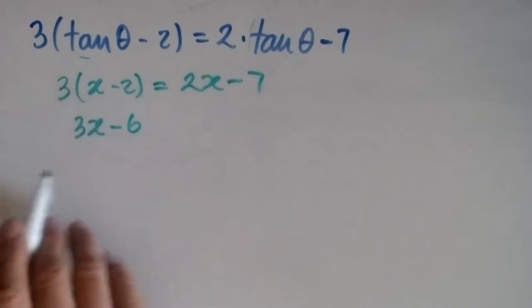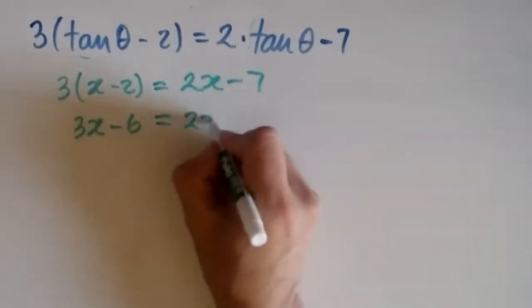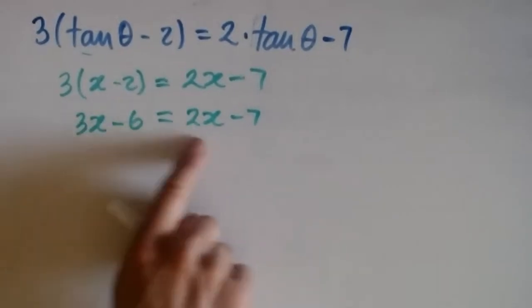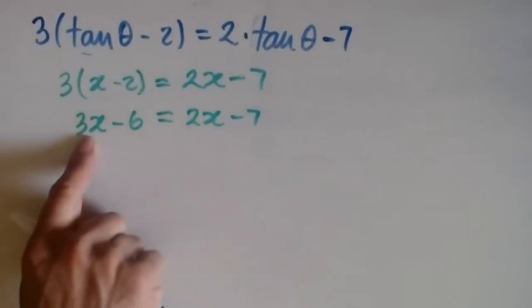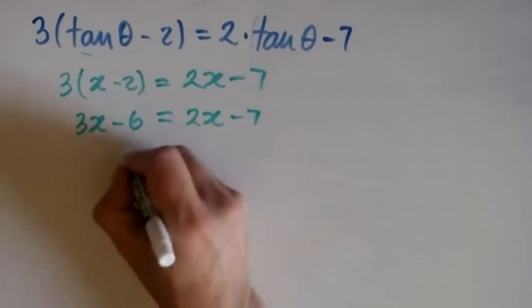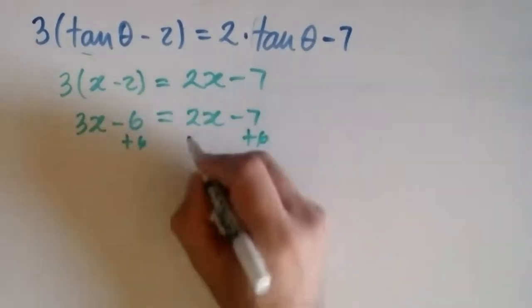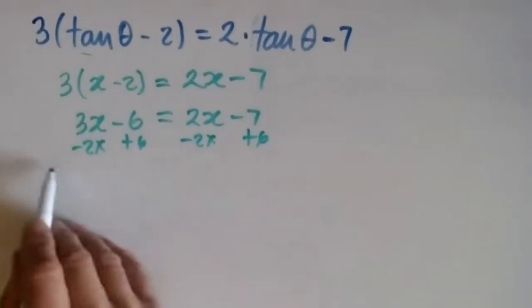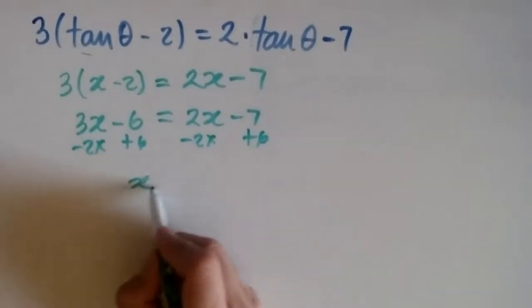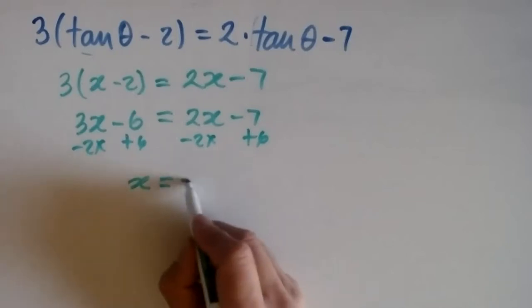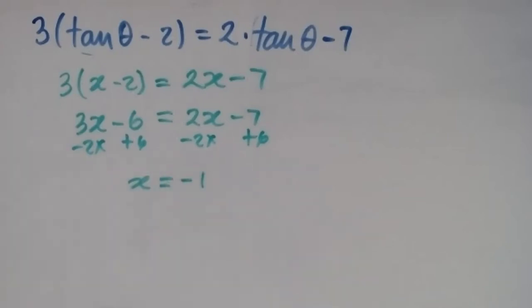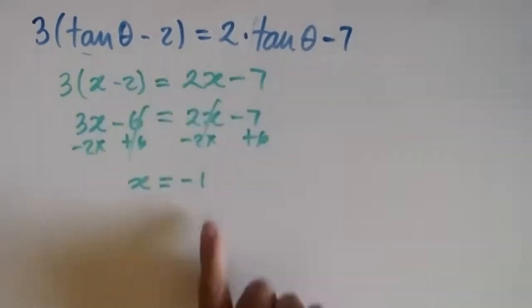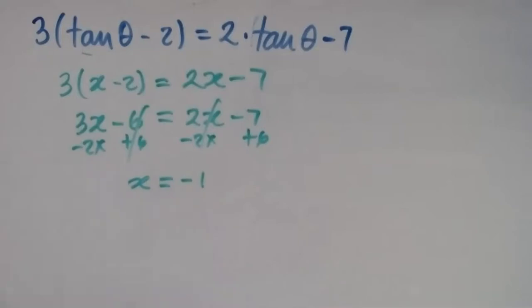You multiply just the first one, you mess up. 2x minus 7. Then I'm going to combine all the x's, so I subtract 2 and I add 6. So plus 6 minus 2 minus 2, only algebra 1, and this is x equals negative 1, correct? This cancels, negative 7 plus 6, negative 1, 3 minus 2, 1.